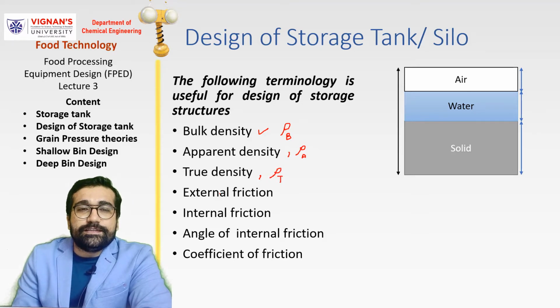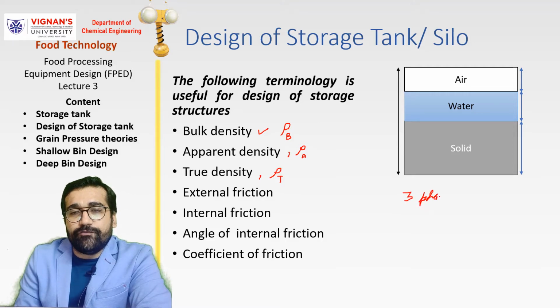Okay, so what are these densities? Suppose this figure here, we can see this is the three phase diagram of any material. If we consider any material, it will have three phases. First one, solid, liquid, and gases or air.